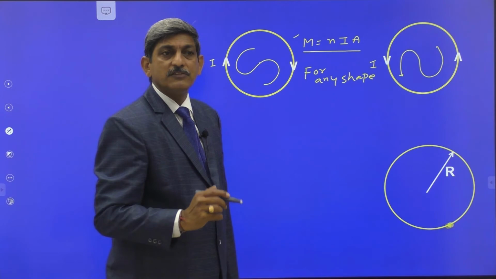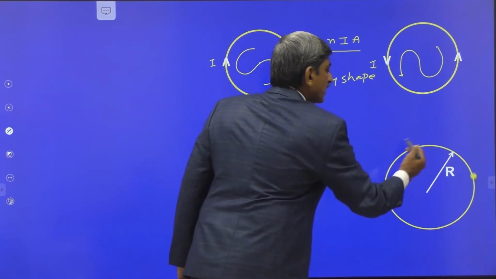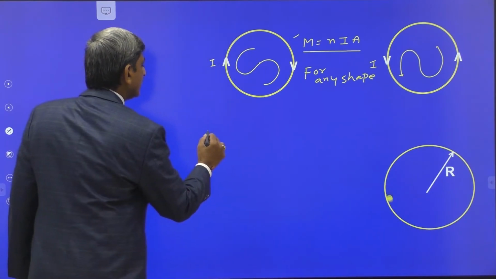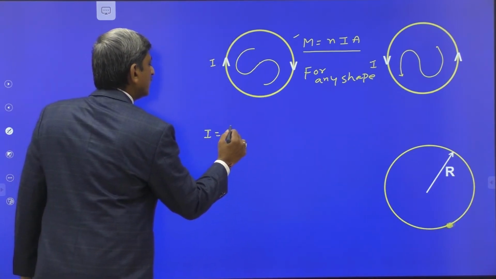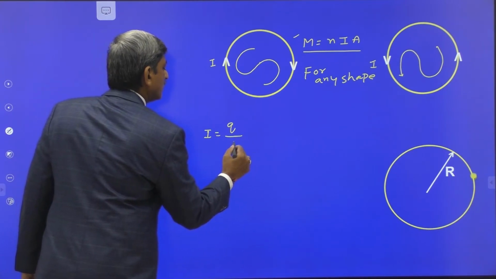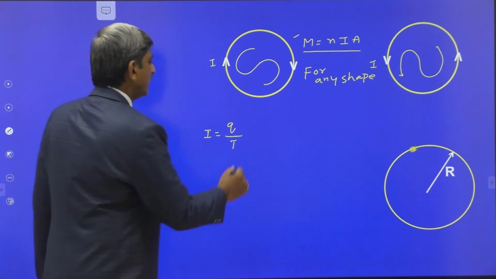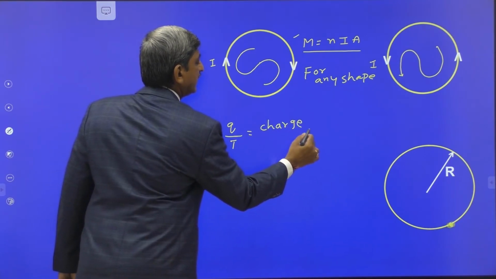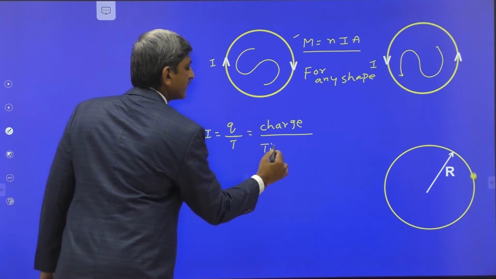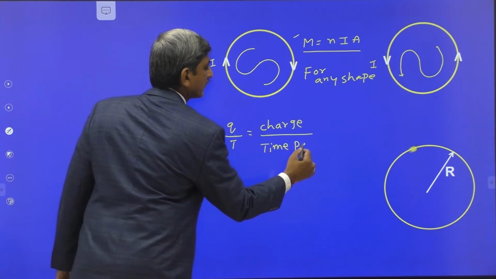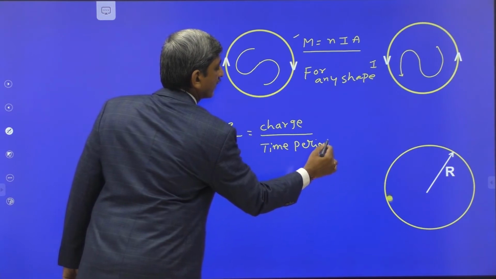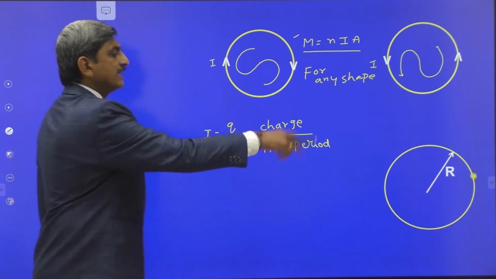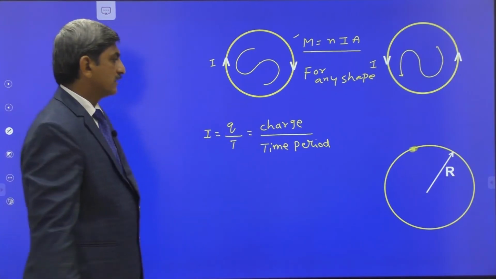Already in the lesson on current electricity, we studied that a revolving electron also constitutes some current, and the equivalent current is given by I is equal to Q by T. Here, Q is the charge of the rotating particle and T is the time period of the rotation of the particle. It gives the current equivalent of the particle revolving in the circular path.